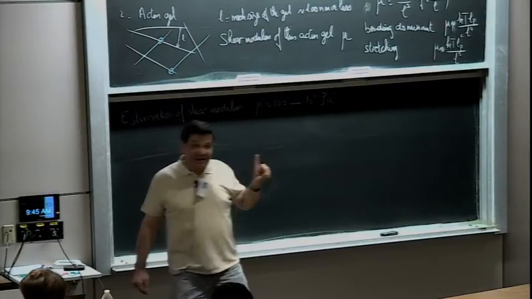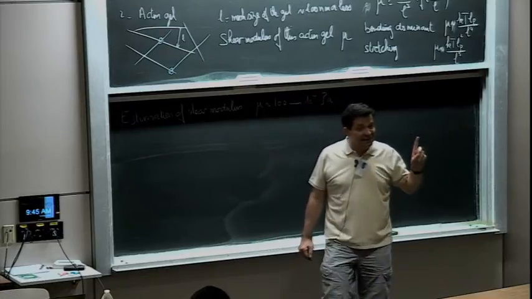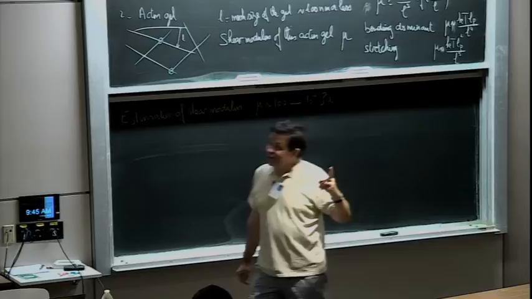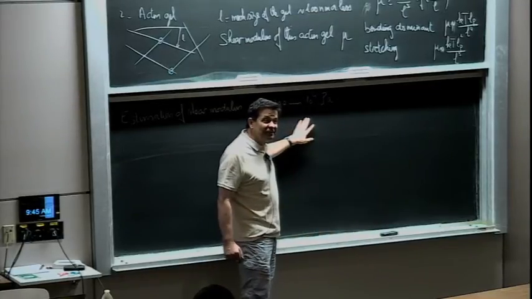What this means is that if this is what fixes the elasticity of cells, if I look at the elasticity of a single cell, I should find an elastic modulus which is of this order of magnitude.